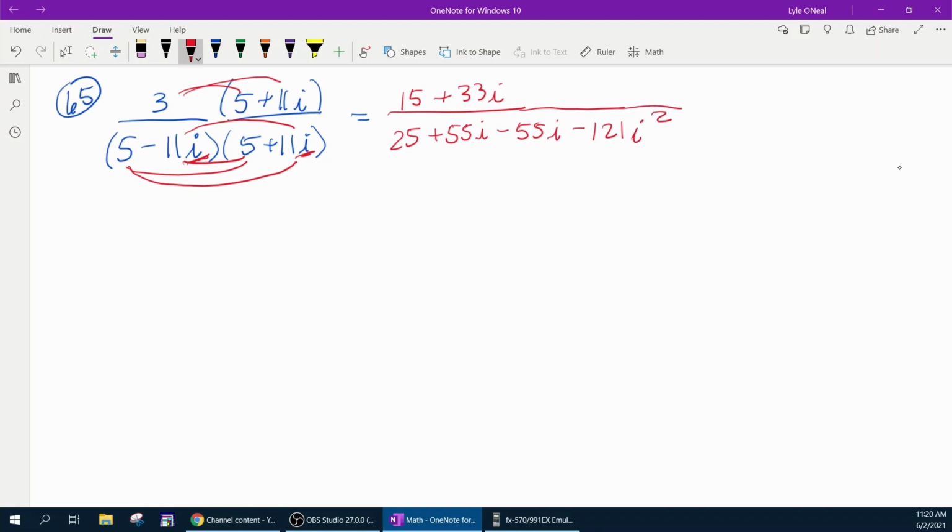And then we need to simplify the denominator. First thing I'm going to do is combine like terms. Notice the 55 i's cancel, the i's go away. And remember that i squared is -1. So we're going to do a substitution there, replacing i squared with -1.